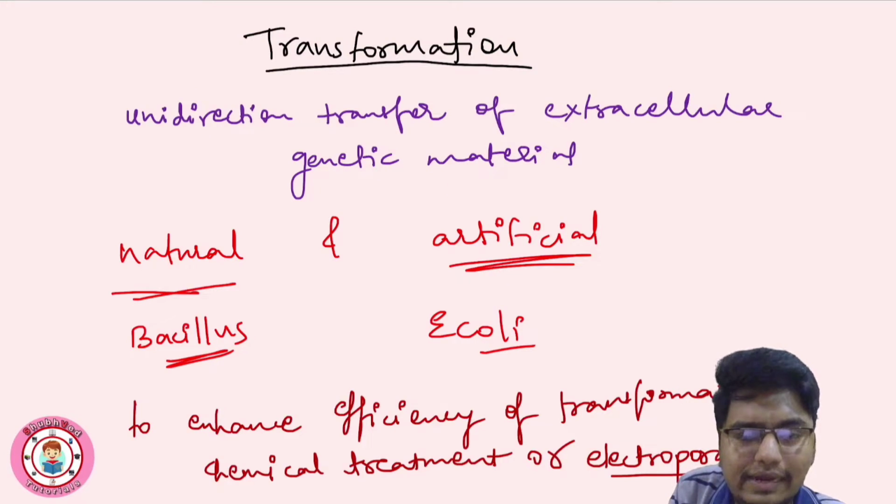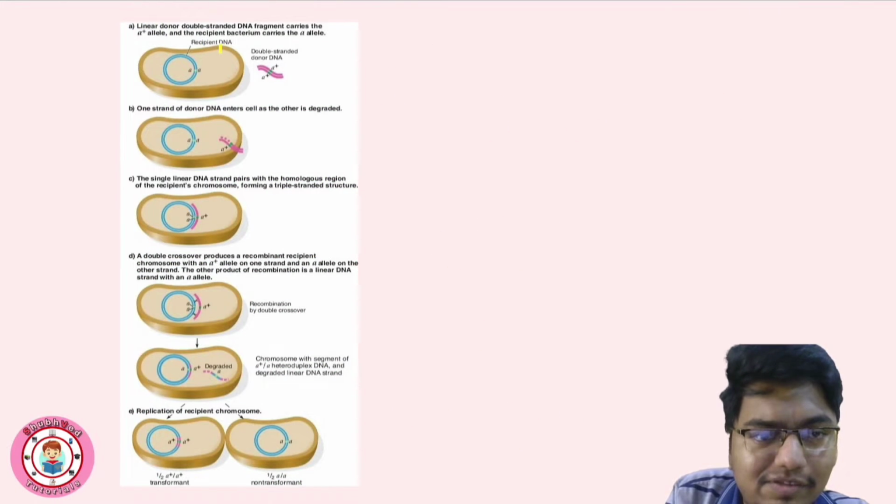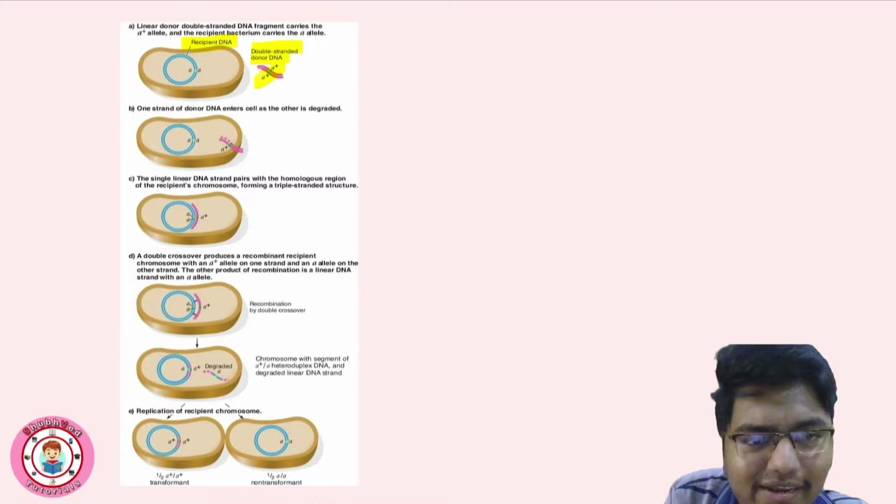How this occurs exactly, we will see with the help of pictures. In this picture, this is the recipient DNA, and this is the double-stranded donor DNA. Donor DNA is A plus, and here it is small a. These are homologous to each other. During entry, only one strand comes in, and the other strand is degraded.